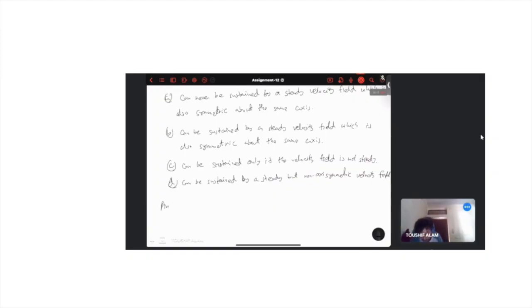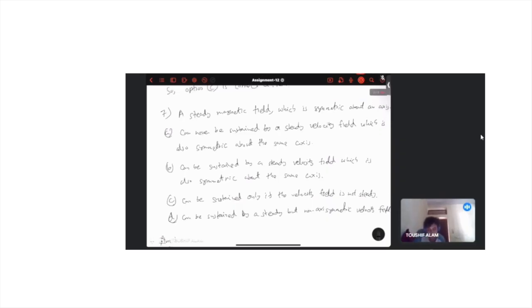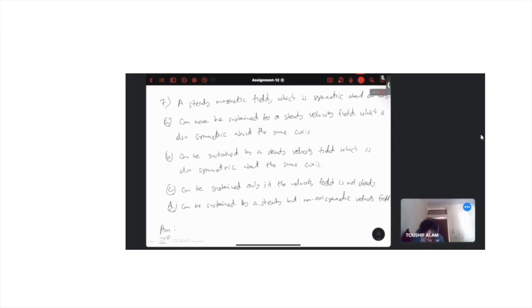Okay, so to see that, the question is a steady magnetic field which is symmetric about an axis.